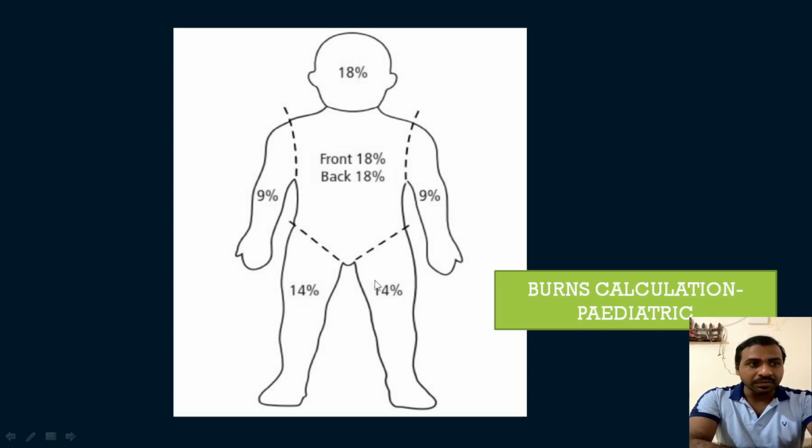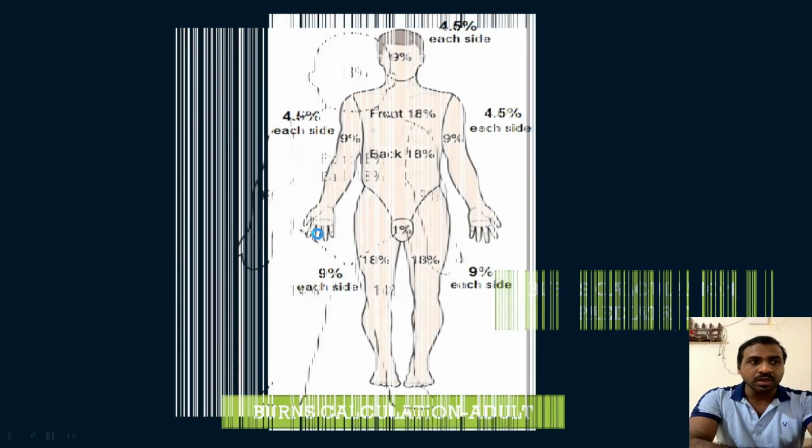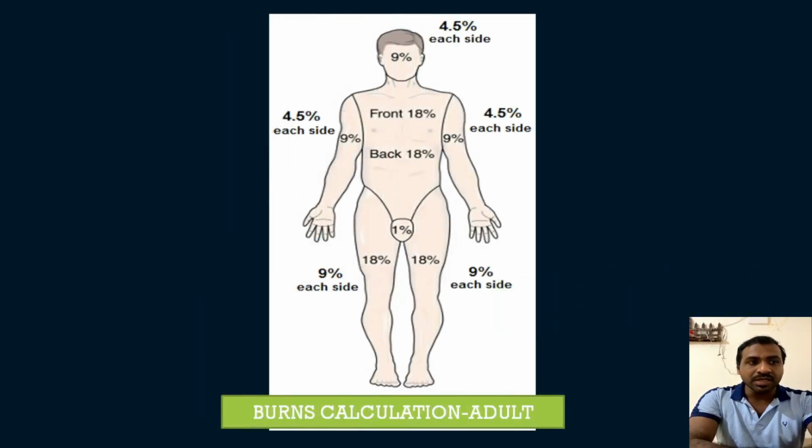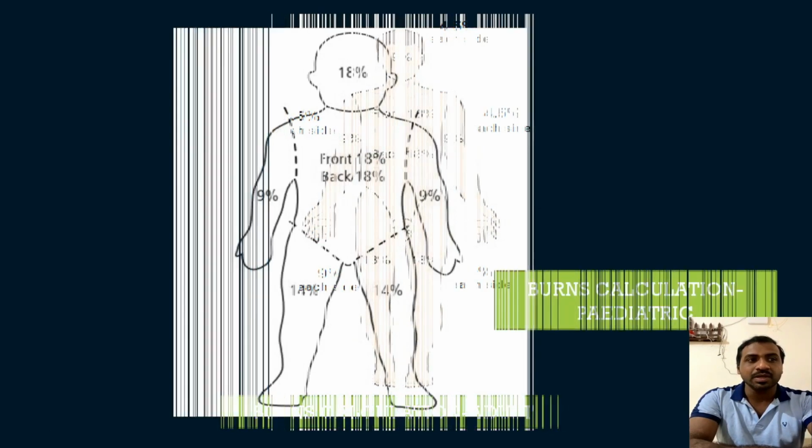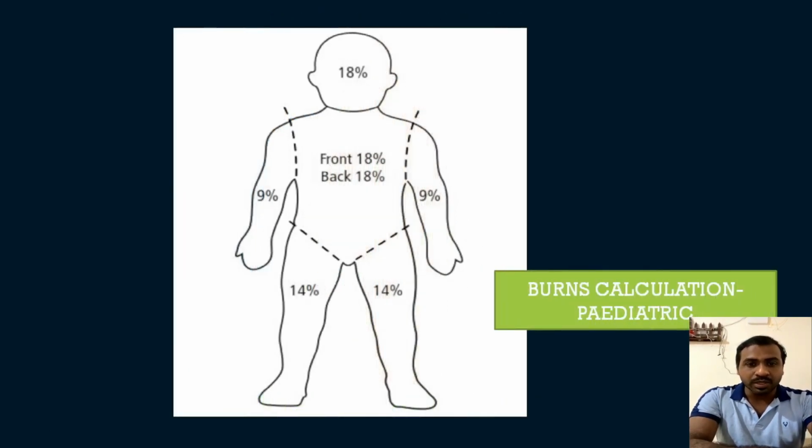These are the differences between the burn percentage calculation in adults and pediatrics. In total it will be 100%. So I think it is clear for you. Burn calculation in adults is different from burn calculation in the pediatric population. So the rule of 9 primarily aims at burn percentage calculation for adults, not for children.